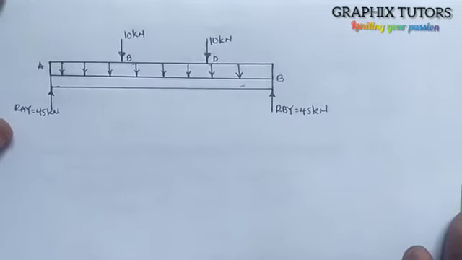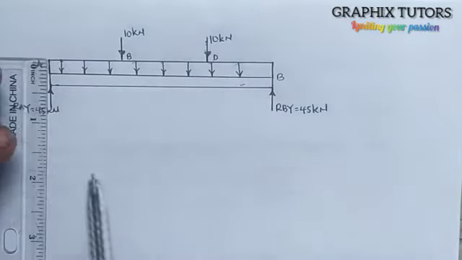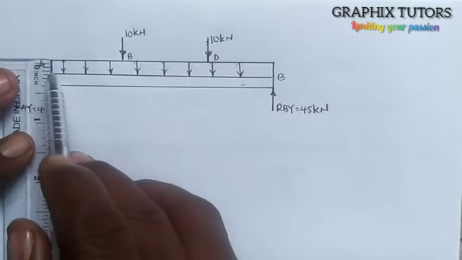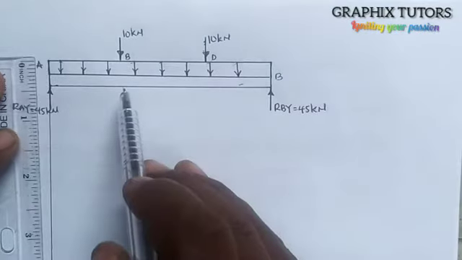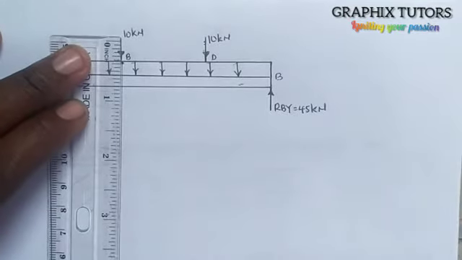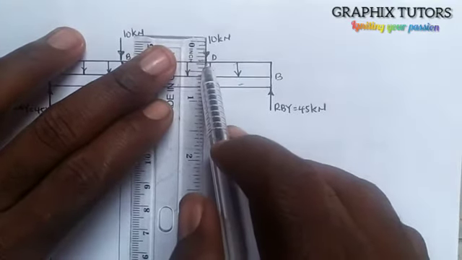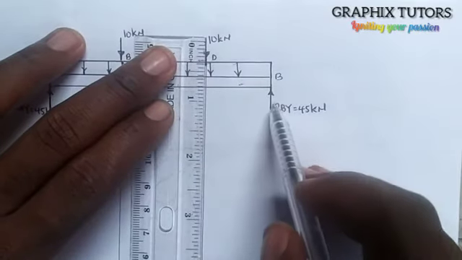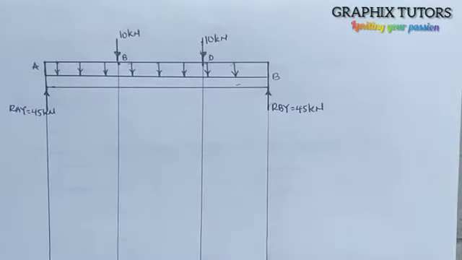So I'll take my rule and project lines coming down from point B, point A, point D, point B. These are all the points that I have here.